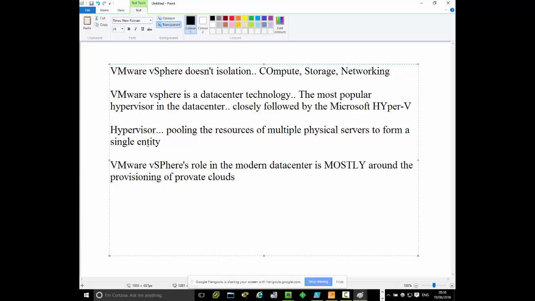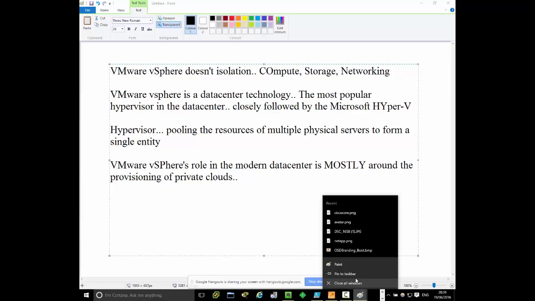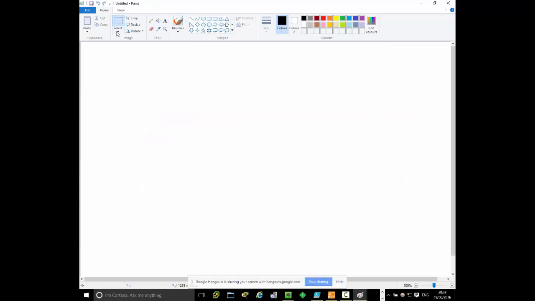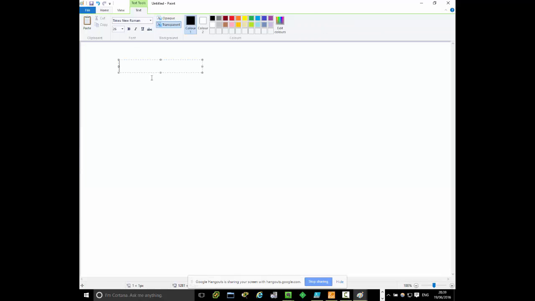So it's not just about virtualizing infrastructure, because it's gone beyond that now. It's now moved towards the place where we're dealing with cloud, either publicly or privately. We're dealing with cloud technology, which is why one of the first things we're going to talk about is the basics of cloud technologies.